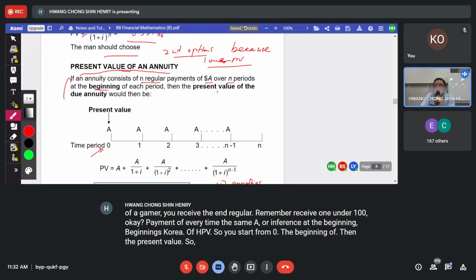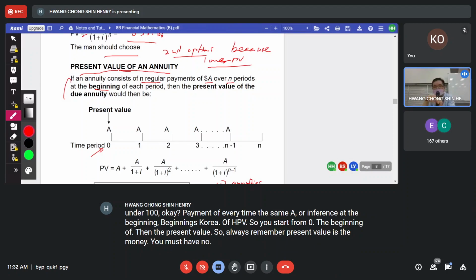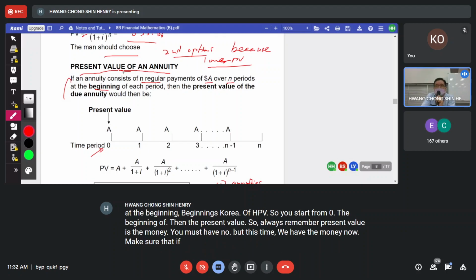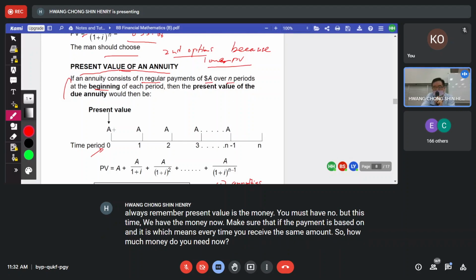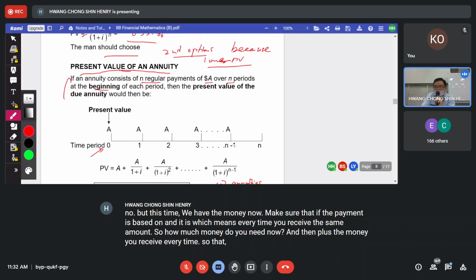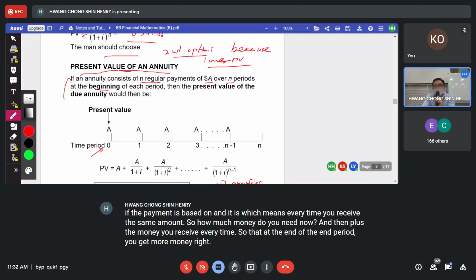So always remember, present value is the money you must have now. But this time, to have the money now, make sure that the payment is based on annuities, which means every time you receive the same amount. So how much money do you need now, plus the money you receive every time, so that at the end of the period, you get the amount of money you have? That's what it means. You combine the present value and the annuities together.